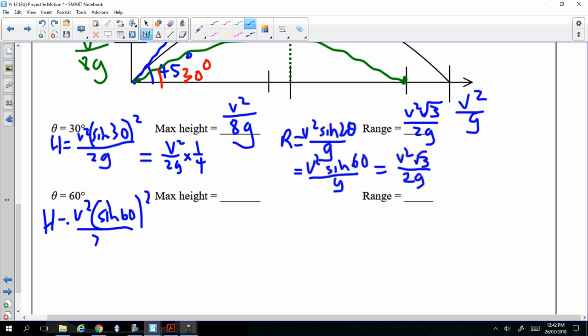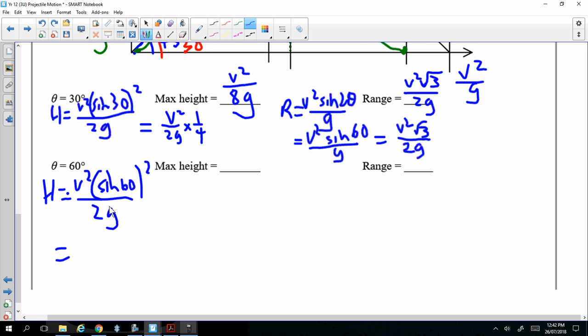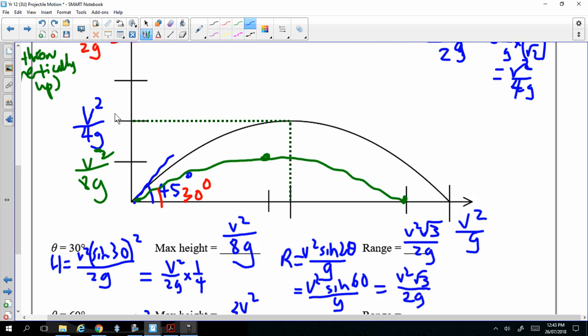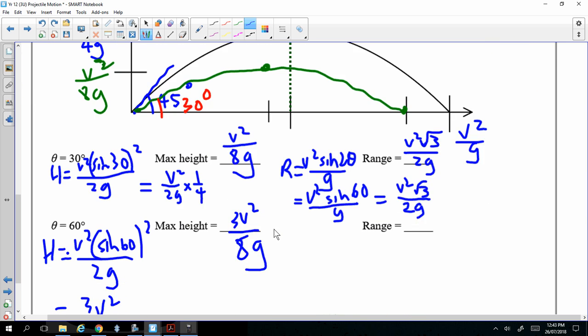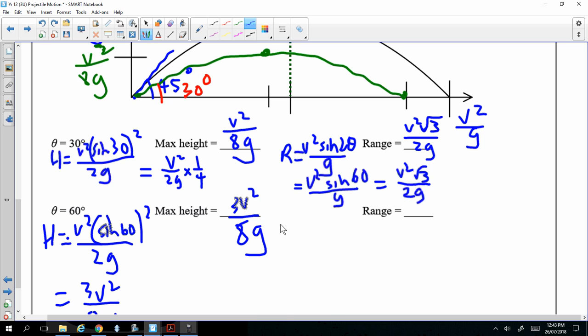And then the range can also be found: R equals v squared sine 120 over g, and that will still be v squared root 3 over 2g. So they get the same range, but different maximum height. The maximum height is higher, but the range is the same.